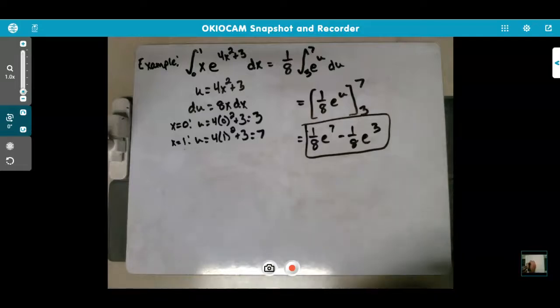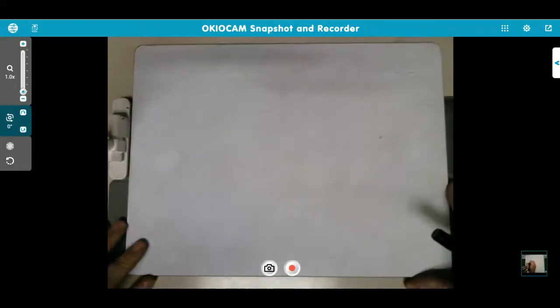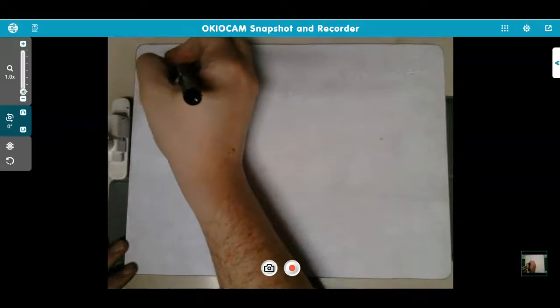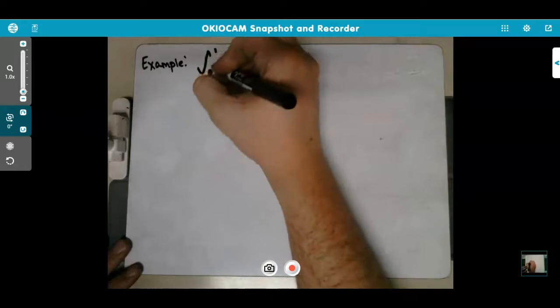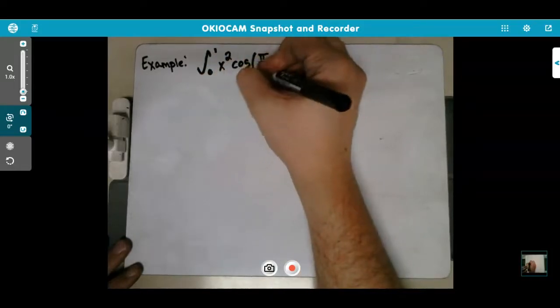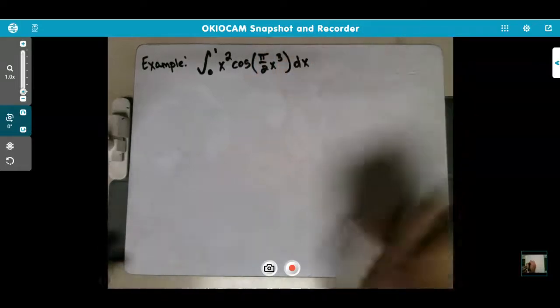I have one more example that I want to do. Then we will call it good. This is going to be the integral from 0 to 1 of x squared cosine of pi over 2 x cubed dx.